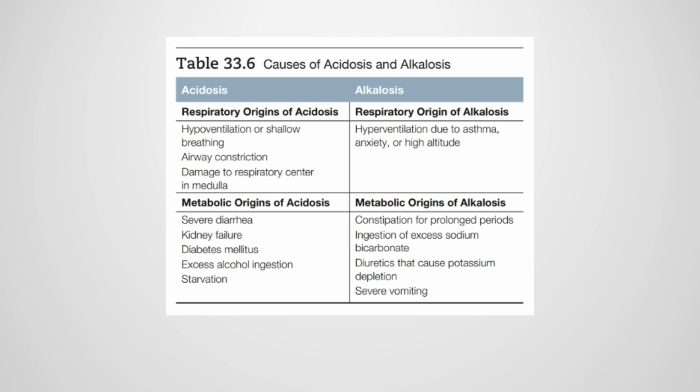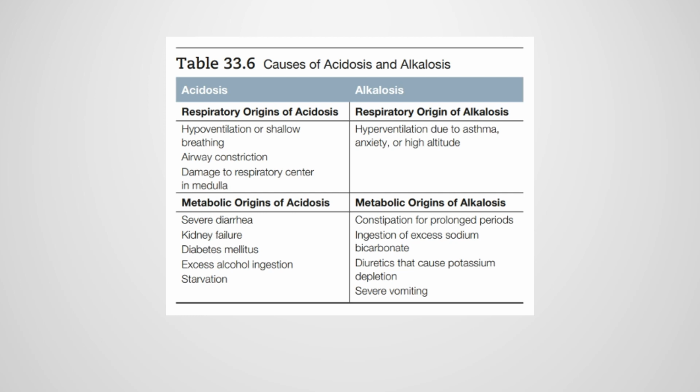So what about severe diarrhea? In severe diarrhea, what's going to happen? You're going to be hypotensive. Your blood pressure is going to be low. You're not going to perfuse your kidneys very well. And the kidneys are able to actually excrete hydrogen ions, which is acid, directly.